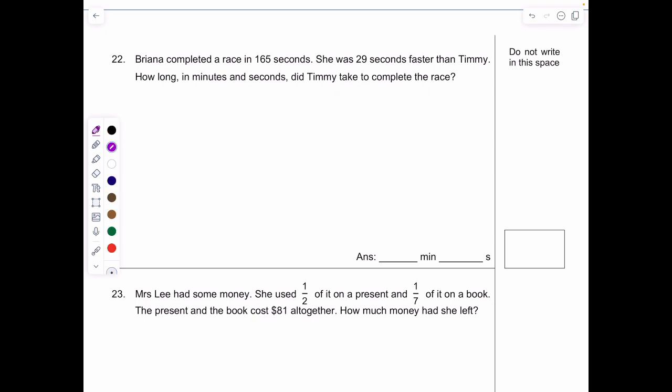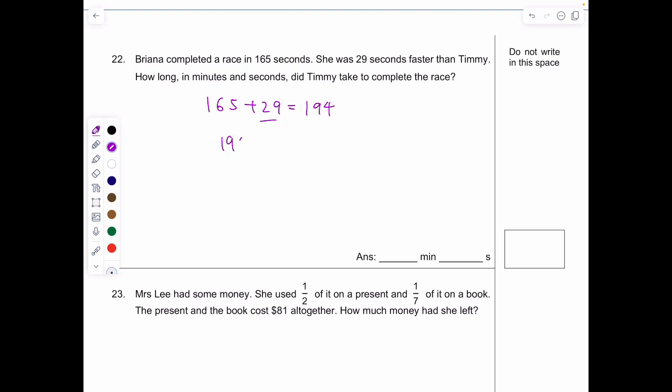So over here, what you need to do is that you need to add all the seconds together first. So 156 plus 29. That will be 194. Okay? So this is actually Timmy's speed. Because Timmy was slower, so you need to add back the 29. Now this is in seconds.